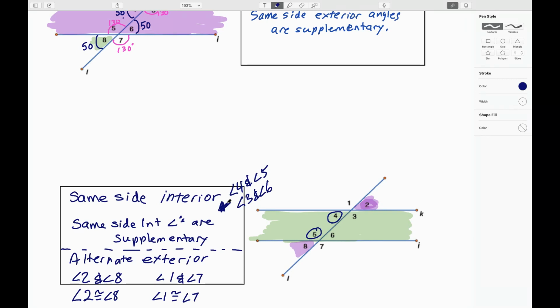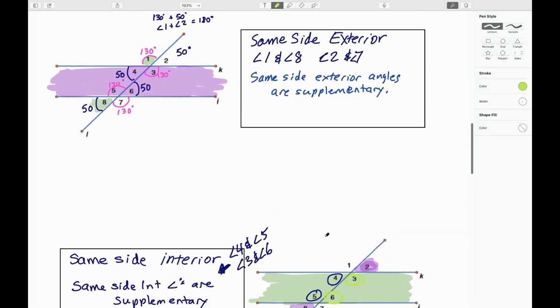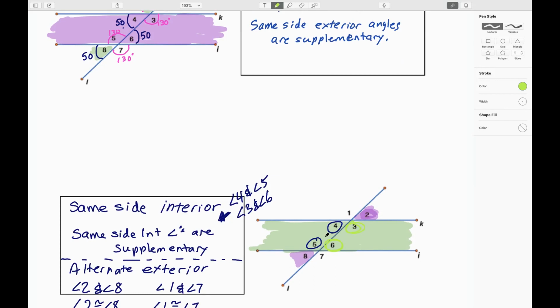Okay, so that is the way that works, and there are relationships that are super important, and we can figure these out based on all of these relationships, based on having one piece of information. We can fill in all of the rest. Okay, just one more example of that. Let's say that this is 110.